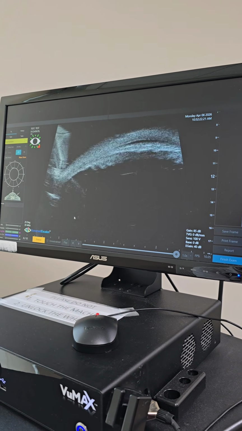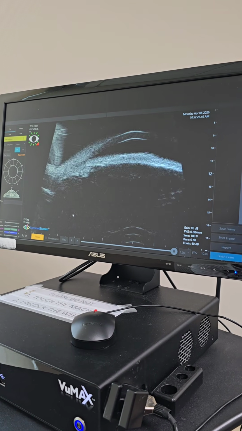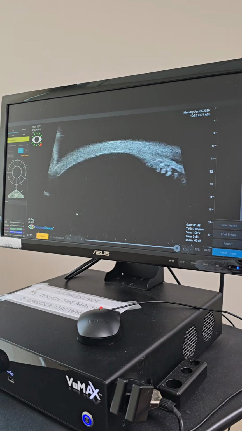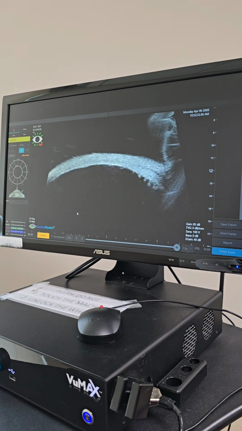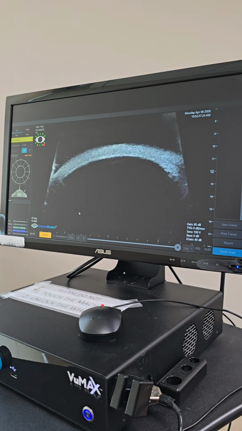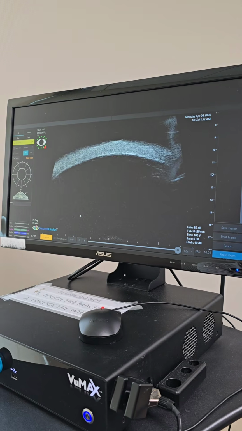Look down, more down. Look up. Up straight, both eyes up. Look at me, exactly, you are good.